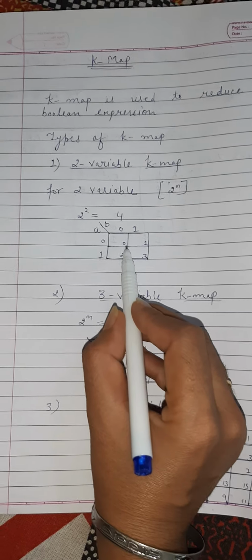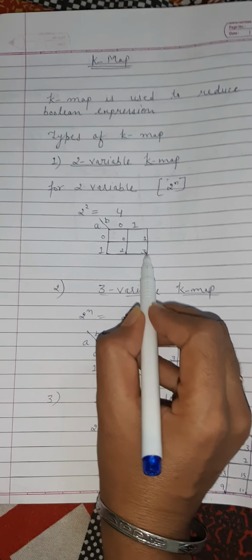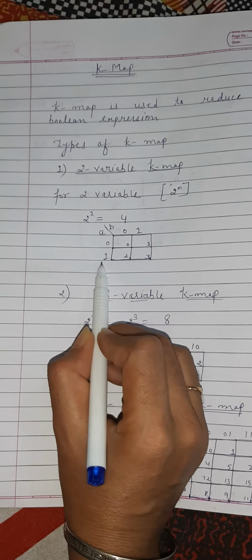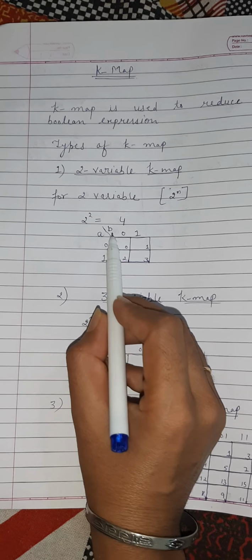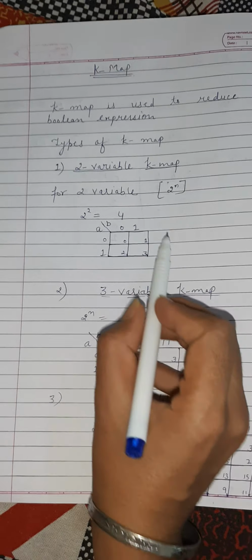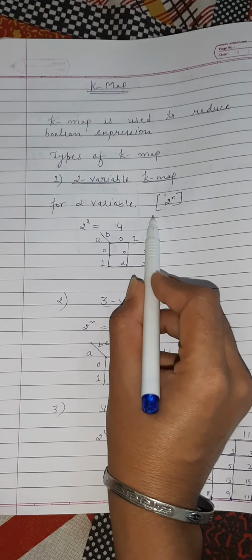Each box is numbered 0, 1, 2, 3. The value of a can be 0 or 1. Similarly, the value of b can be either 0 or 1. So this is the way we can make a 2 variable K-map.